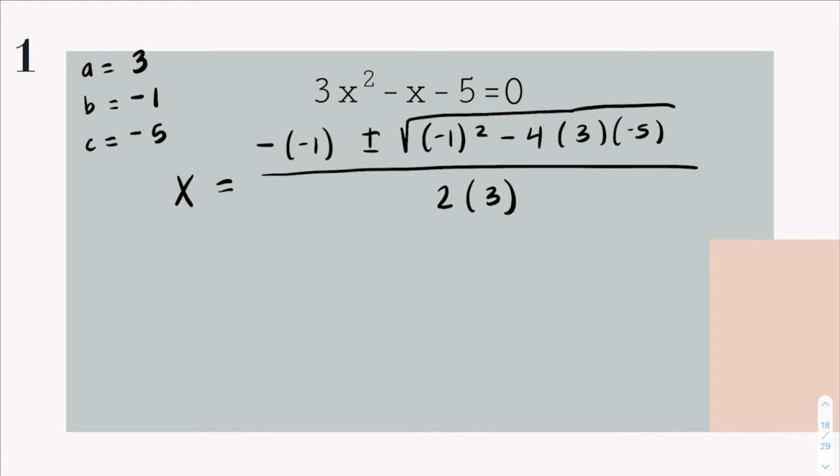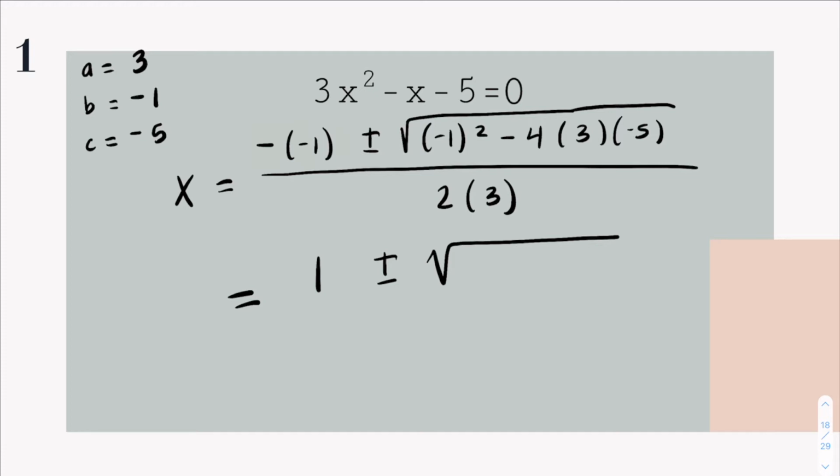So now we're going to simplify 3 parts. We have one part here, one part here, and one part here. Negative 1 gives us a positive 1. And then our discriminant, we might want to put in the calculator. If we don't have a calculator, that's okay. We can just simplify it in parts.